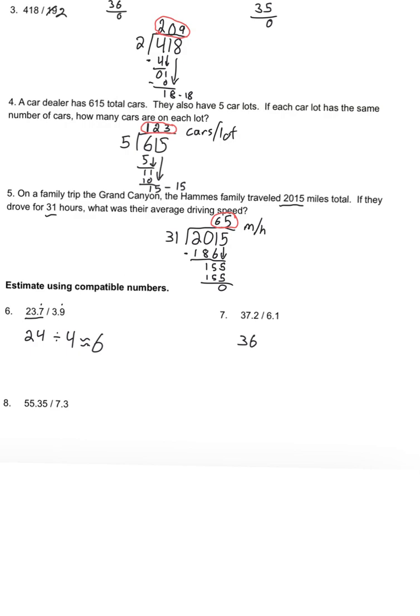So there's nothing that can go into 37. So we're going to go down to 36 to make it nicer. And then we're going to take 6.1 and we'll go right down to 6. So we have 36 divided by 6. And that'll be 6.